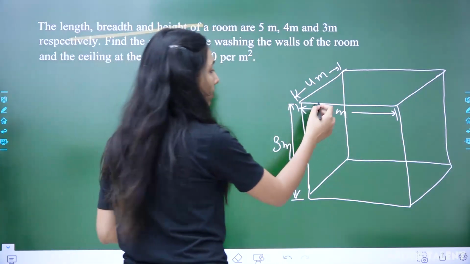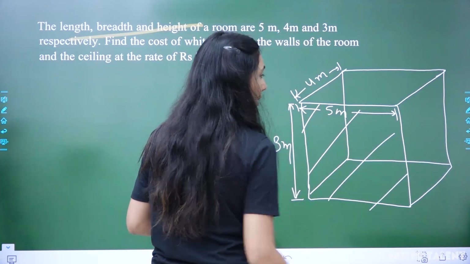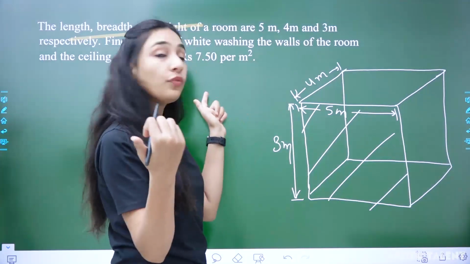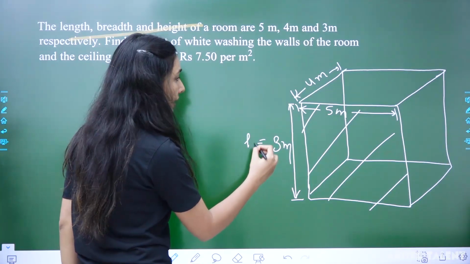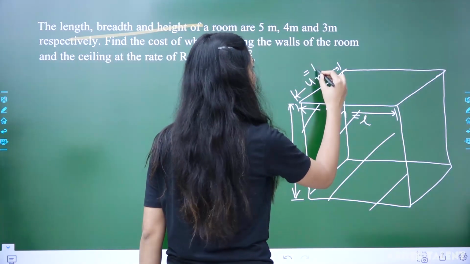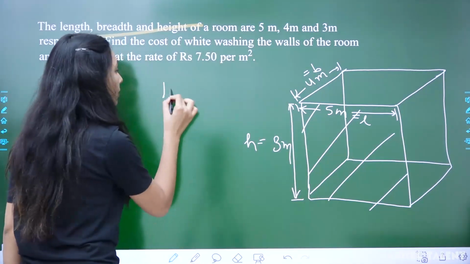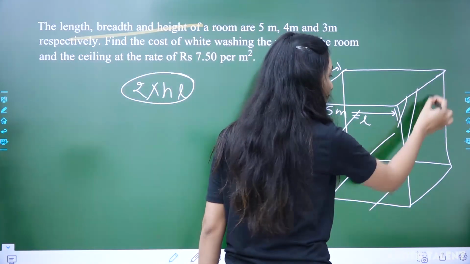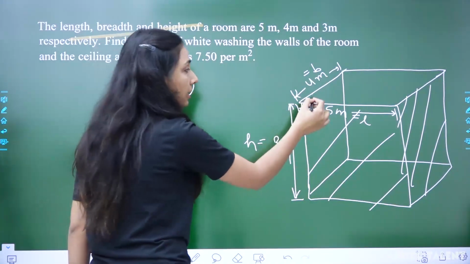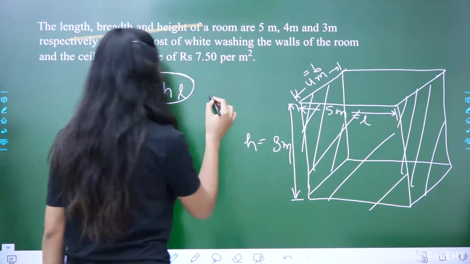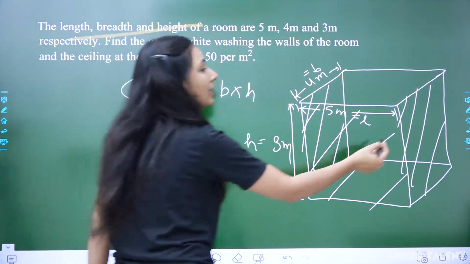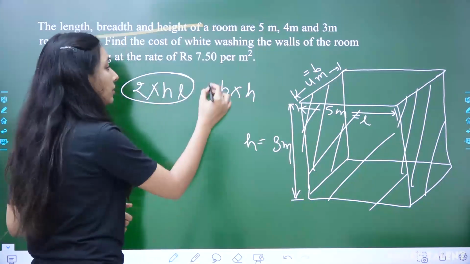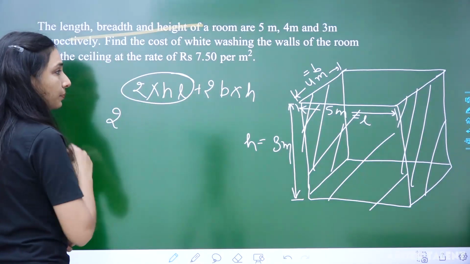So if you talk about this face and that face, these 2 faces will have this height and this length, so that is h multiplied by L. So you will have 2 faces of h multiplied by L. Similarly, this face and this face are b multiplied by h, and that will also be the same, so that's also 2.